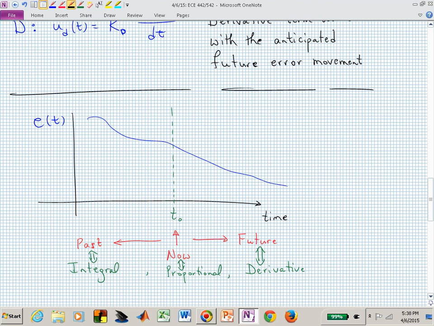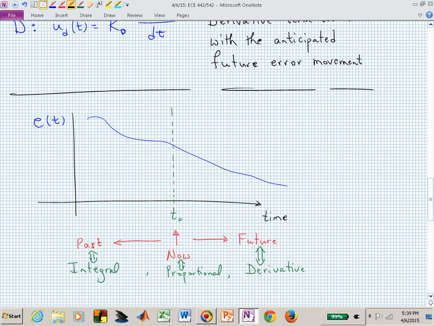That anticipates where you're going. So if you want to change the dynamic behavior, you're probably thinking about this derivative piece. If you want to reduce the steady state error or improve your steady state accuracy, you're probably playing with the integral piece, or need to include the integral piece.